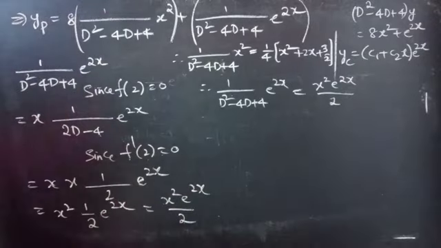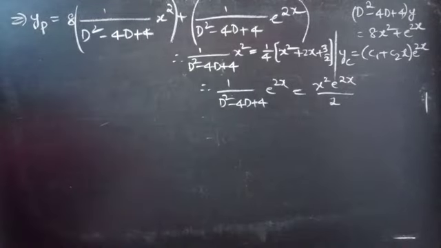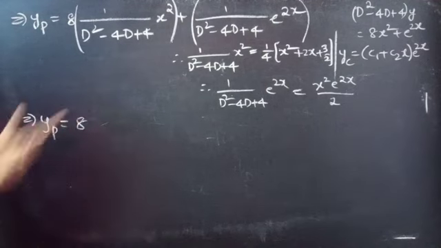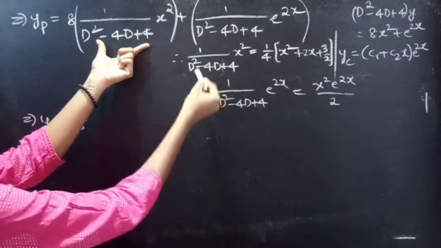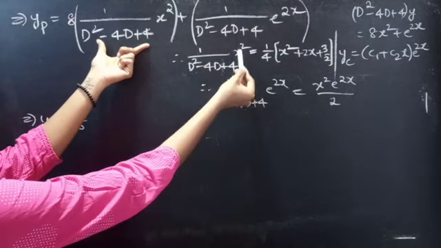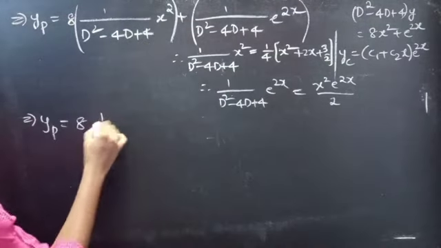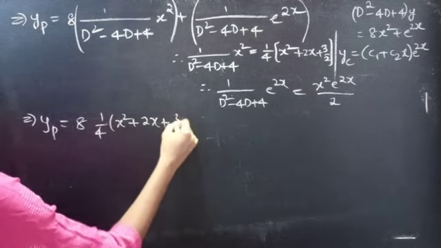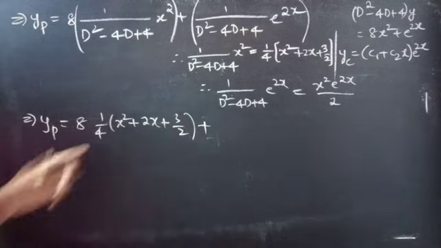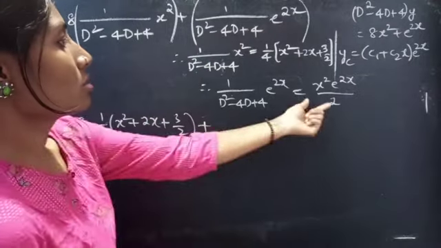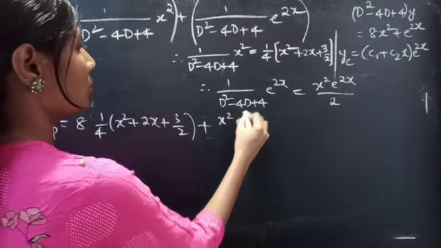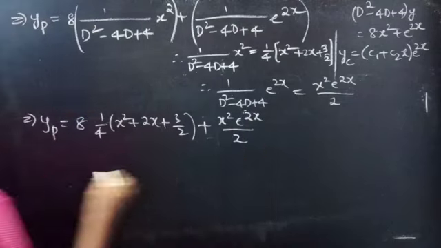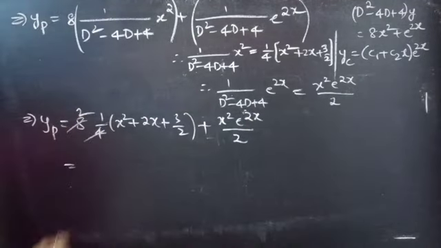Now coming to yp, then yp becomes 8 into, result obtained from 1 by d square minus 4d plus 4 into x square is 1 by 4 into x square plus 2x plus 3 by 2, plus result obtained from the second term is x square into e power 2x by 2. 8 ones are 8, 8 twos are 16.